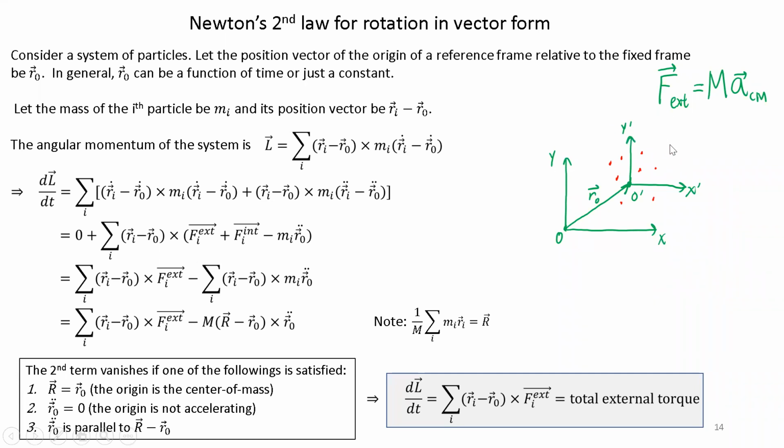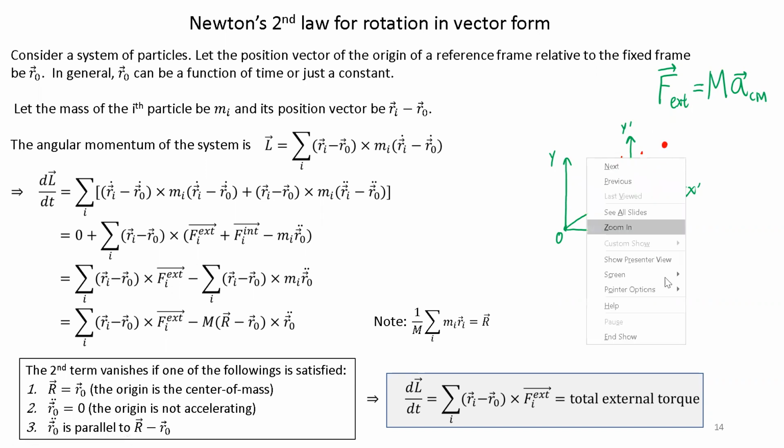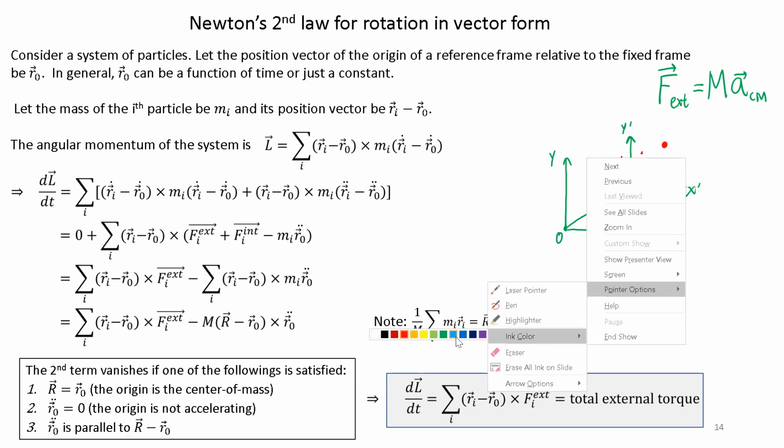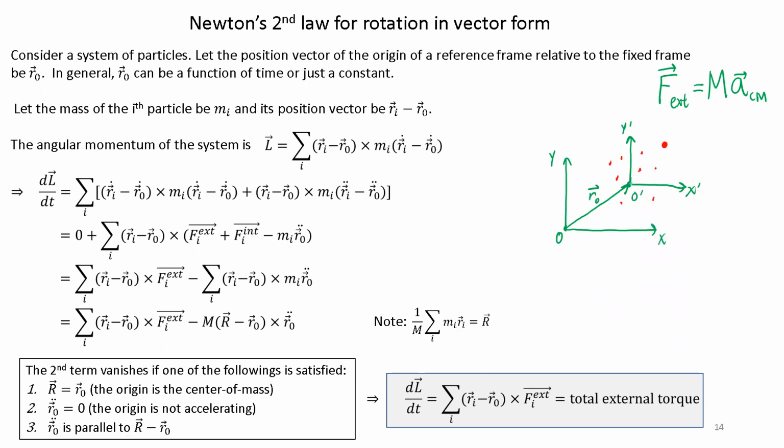So if I use the prime coordinate system and describe the position vector of one of the particles, say this one, then the position vector that I'm going to draw is like this.